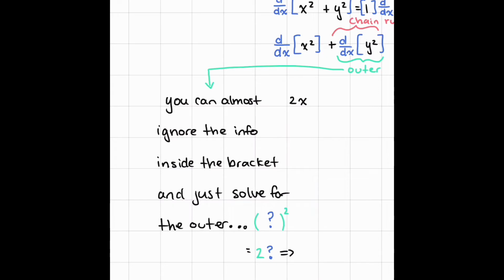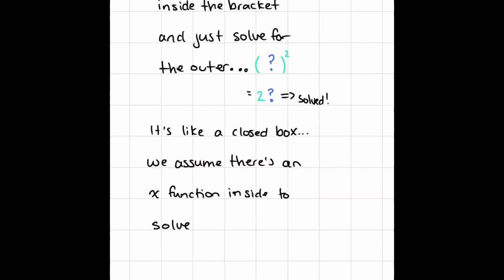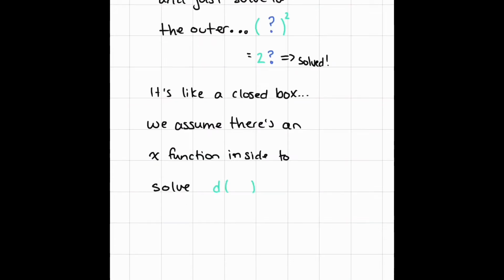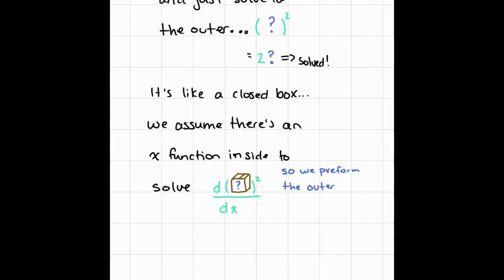And we say that is solved. In other words, it's like a closed box. We assume that there's an x function inside of it that we need to solve. So we perform the outer operation.